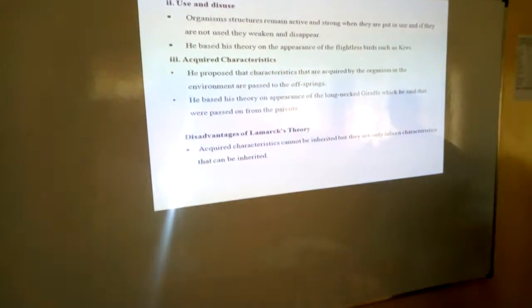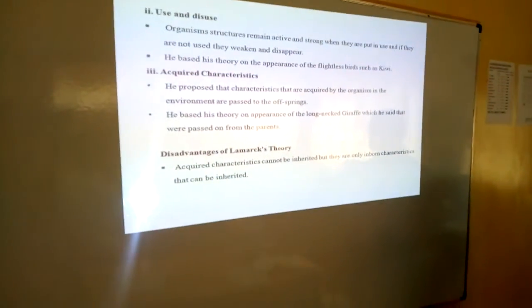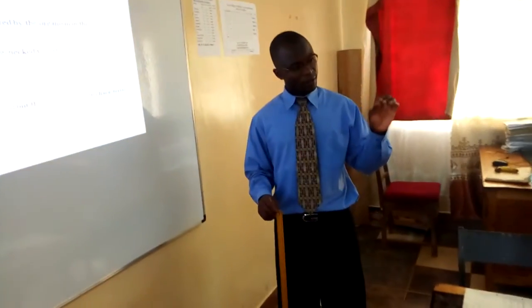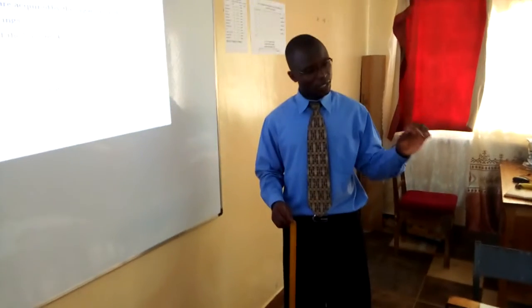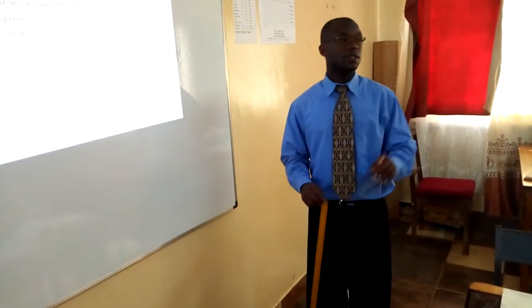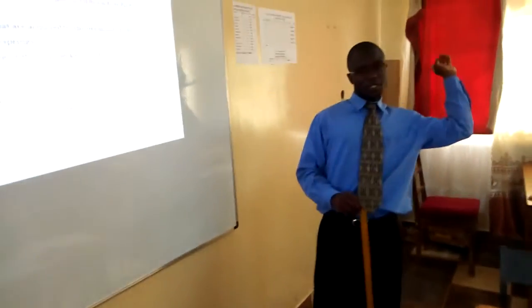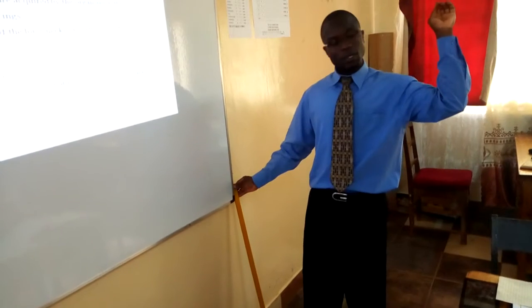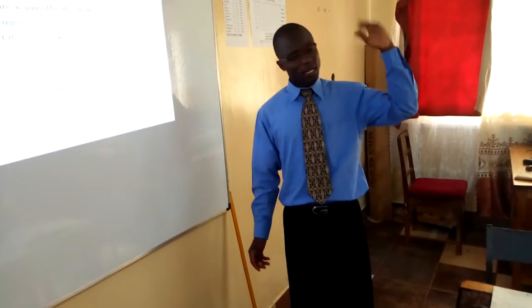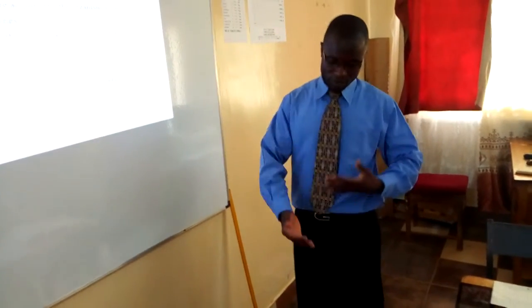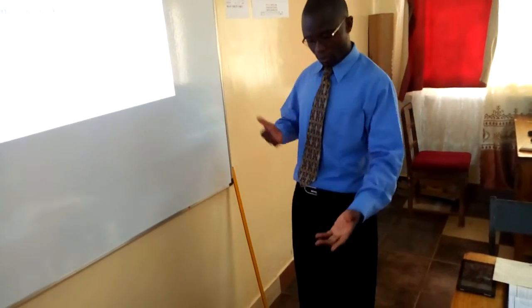He based his theory on the appearance of flightless birds such as the kiwi. He said that in the older days they used to fly and feed on the ground because there was a lot of food.